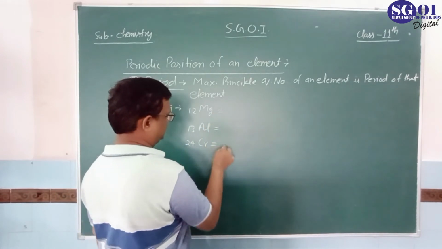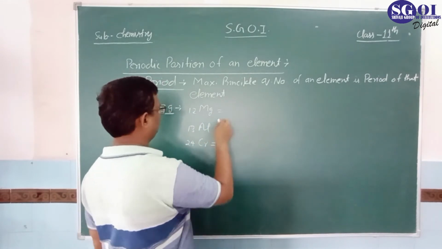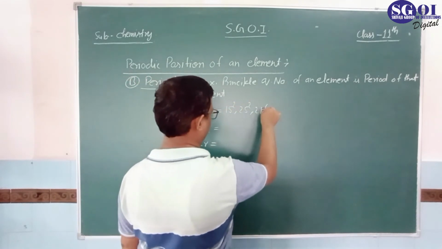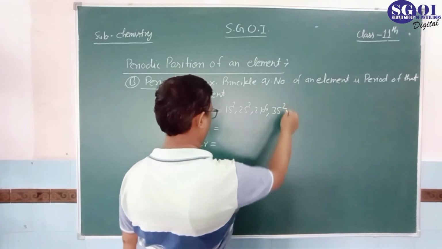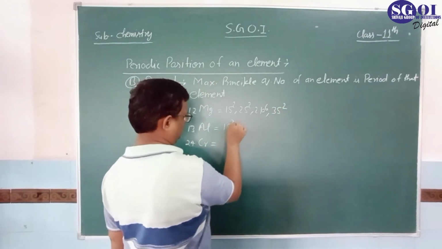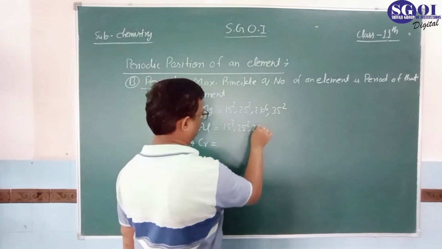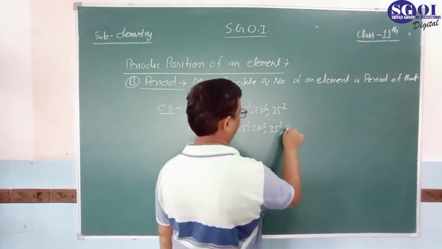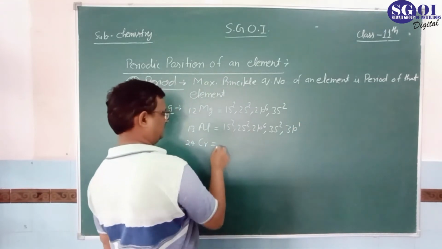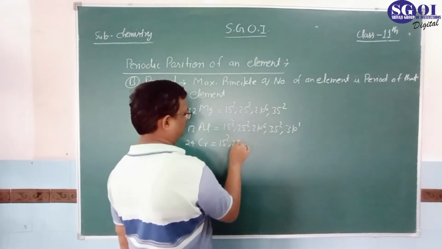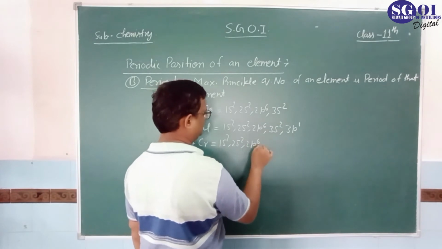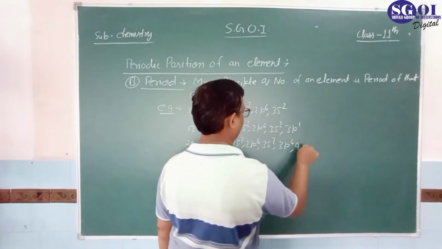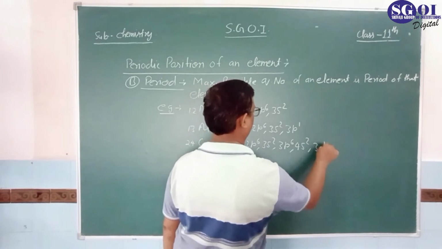So students, first of all, the electronic configurations: 1s2, 2s2, 2p6, 3s2; 1s2, 2s2, 2p6, 3s2, 3p1; and 1s2, 2s2, 2p6, 3s2, 3p6, 4s2, 3d4.